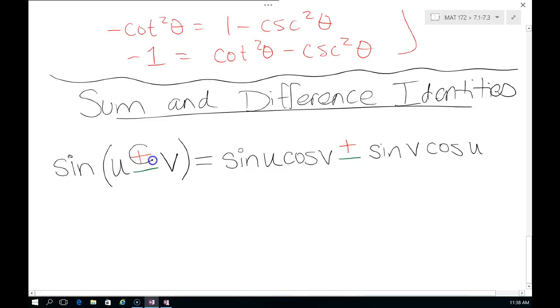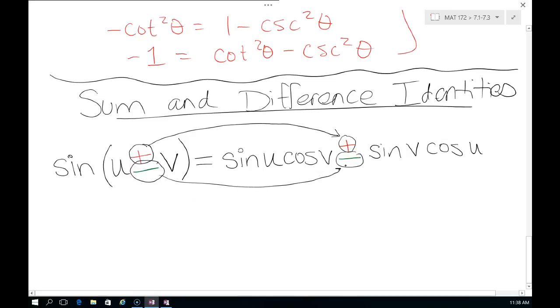So if the angle has addition, the formula is going to have addition. If the angle has subtraction, the formula has subtraction. So really, this is two formulas in one. If your formula uses the operation on top, use the one on top over here. If your angle uses the one on bottom, use the one on bottom over here.